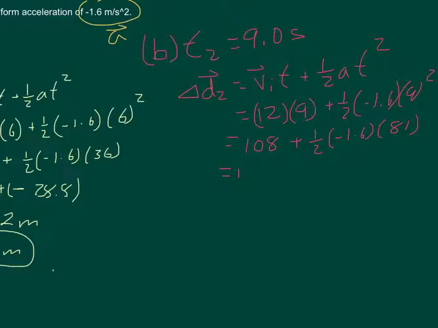So calculator time, 108 minus, what's it going to be? 1/2 times negative 1.6 times 81, just minus 64.8, which comes out to 43.2.